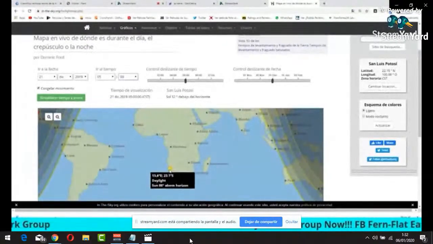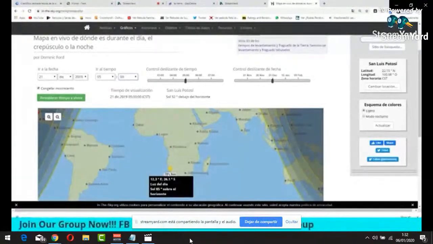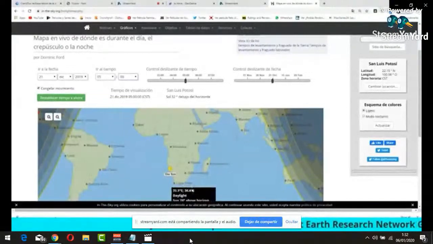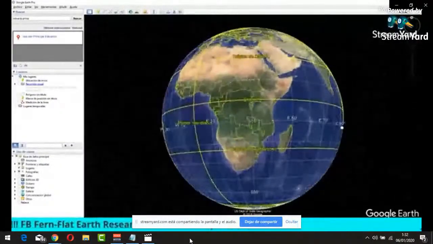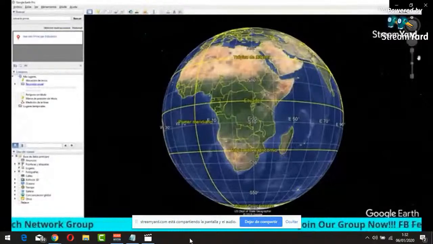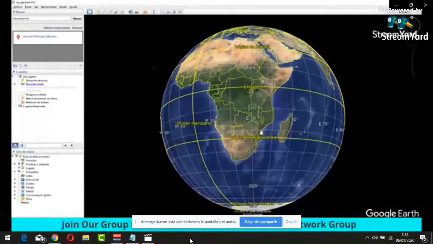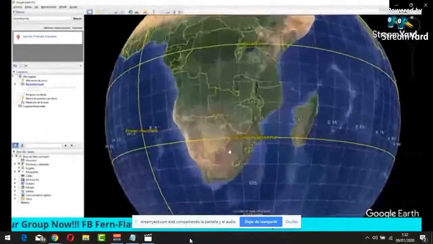At 5 a.m. we see the sun going out from Africa. So it's exactly 1 hour 26 minutes. What does that mean? What is the distance recorded, from the Tropic of Capricorn?